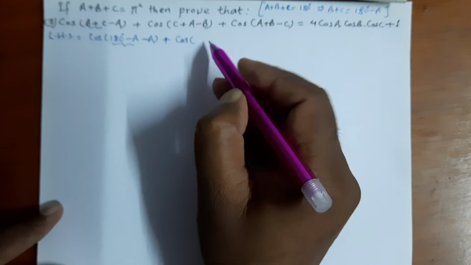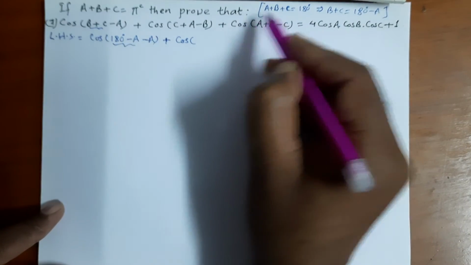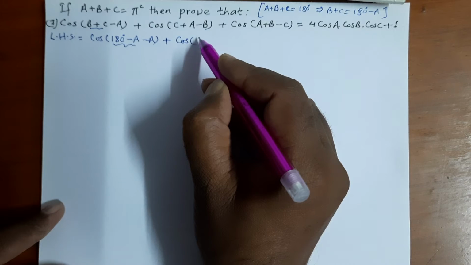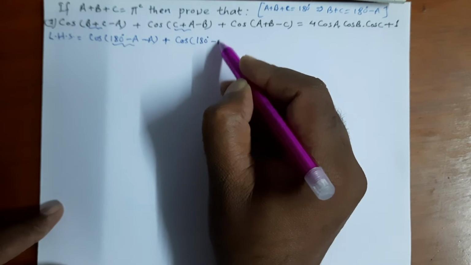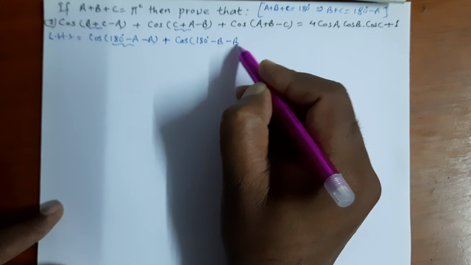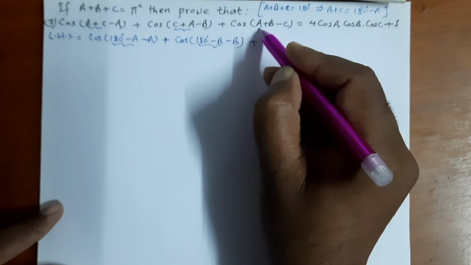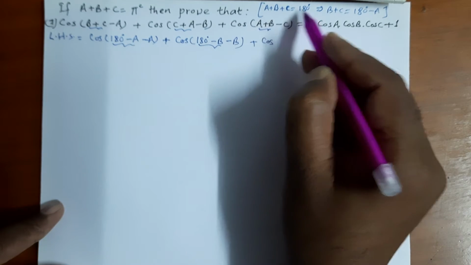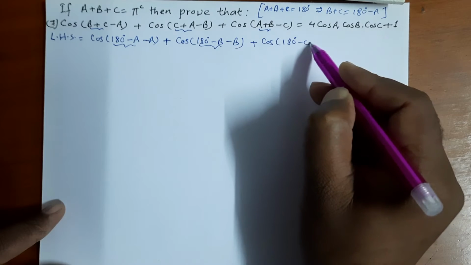cos C plus A. In the same way, this C plus A will be pi minus B or 180 degree minus B. This minus B is already there, plus cos A plus B means 180 degree minus C. This minus C is already there.